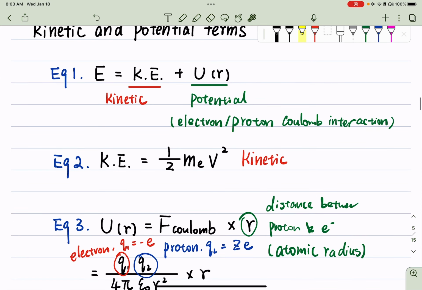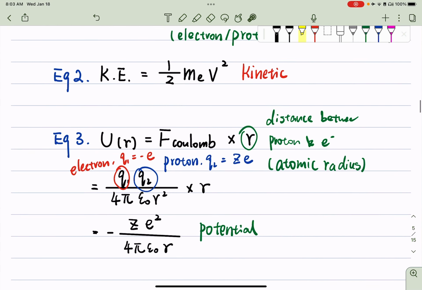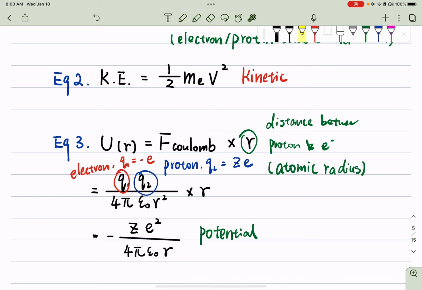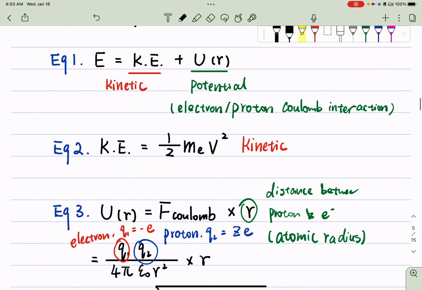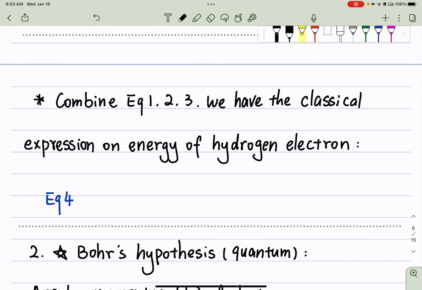So now we have a general form for energy equals kinetic energy plus potential energy. And then we have an expression for kinetic energy and an expression for potential energy. So combining equations 1, 2, and 3, we get a classical expression for the energy of the hydrogen atom in equation 4.